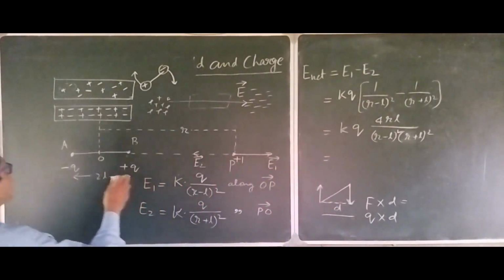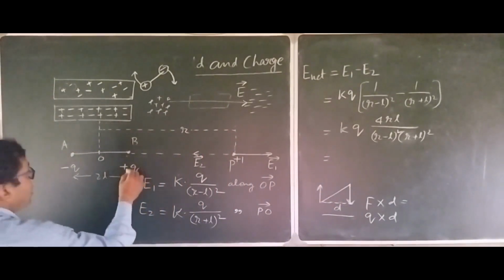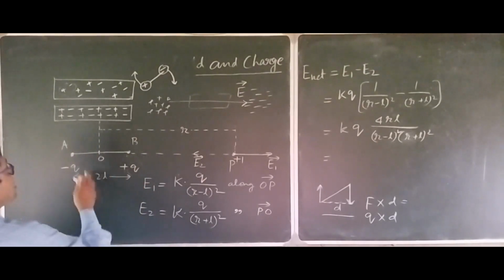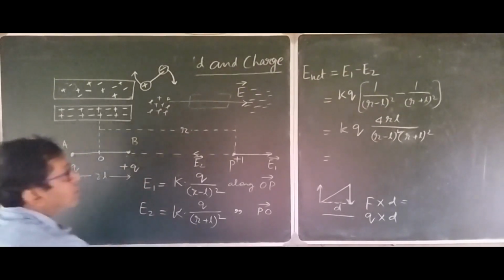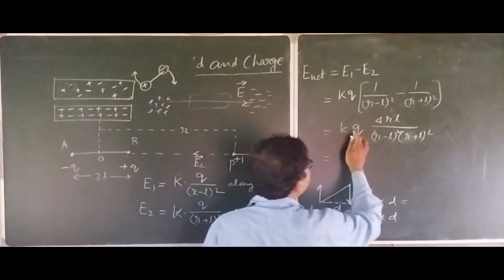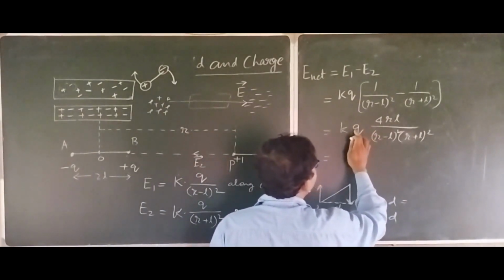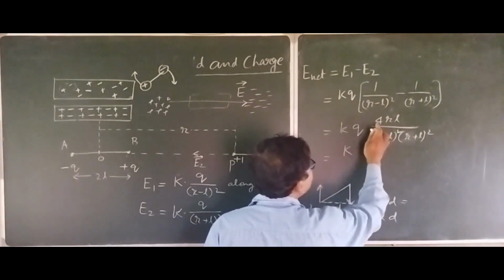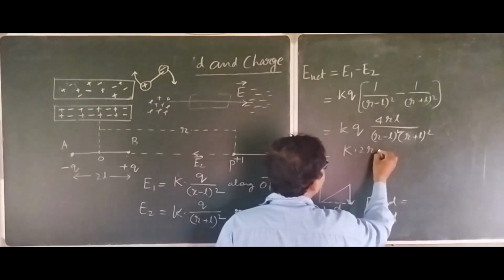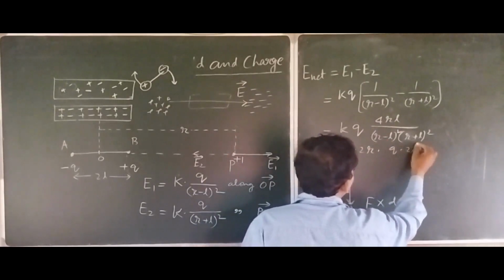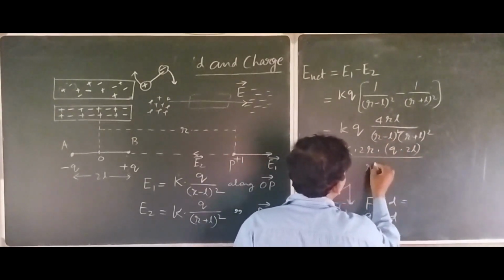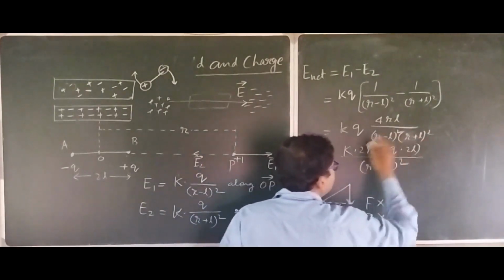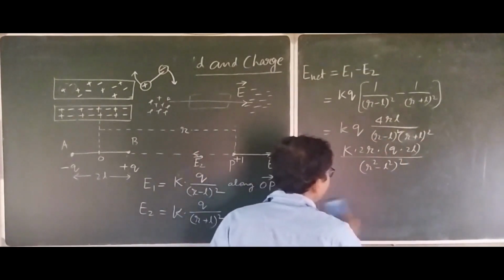And in this case, each charge is valued as q and the distance between the two charges is 2l. So if we separate those two factors q and 2l, then what remains? K, and in this case 2r, and q into 2l.